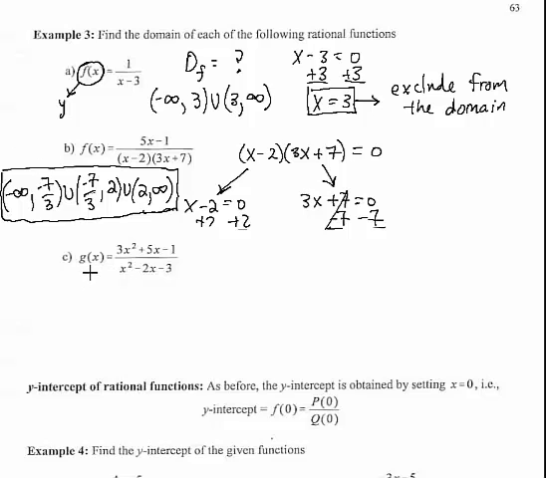Part C, we have a function called g. And once again, you probably noticed that you could factor the top and the bottom, but that's not necessary, because we were already told that they're not going to have common factors.